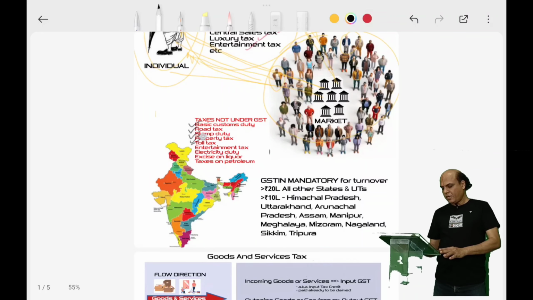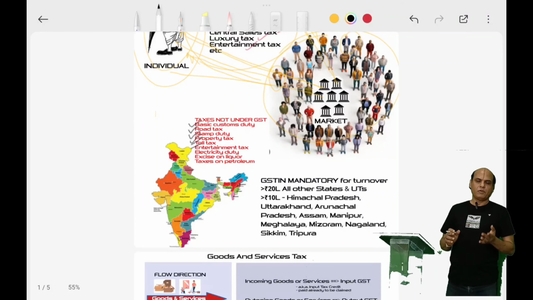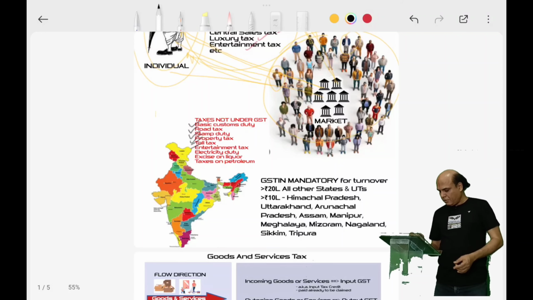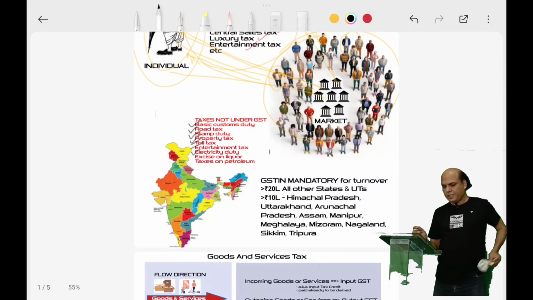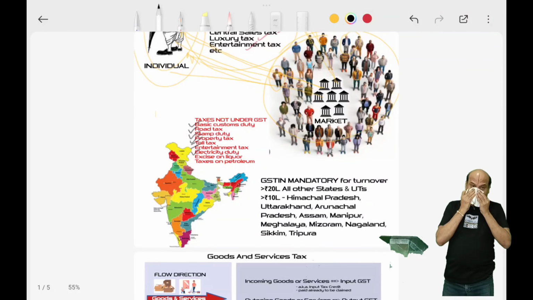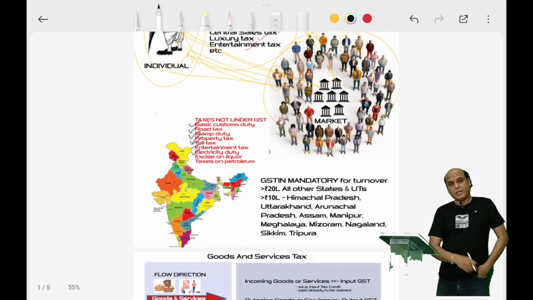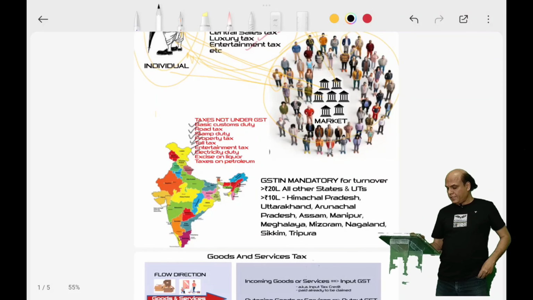Toll tax we have already discussed. Then entertainment tax, so the tax that is collected while you are watching a movie, those come under entertainment tax. Electricity duty, so whatever electricity consumption we are doing at home or in institutions, there is a tax element there that doesn't come under GST.